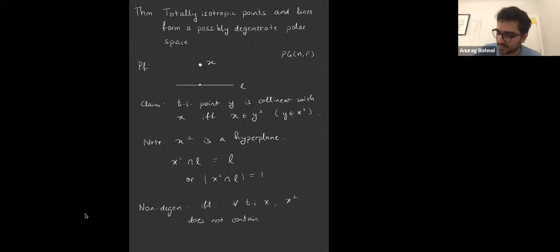It does contain x anyway. So this x perp, this hyperplane, does not contain all of the totally isotropic points, right?